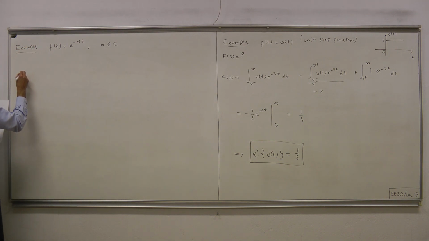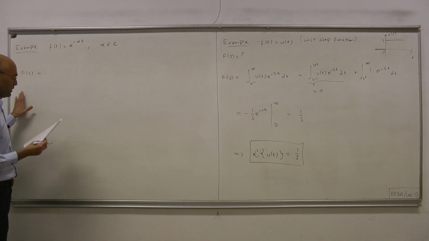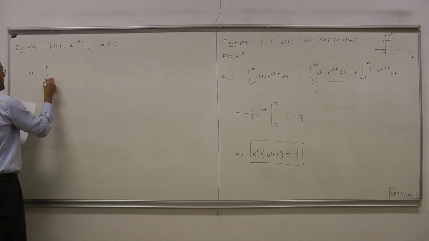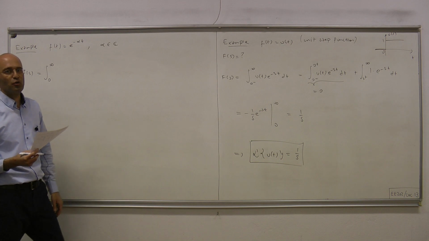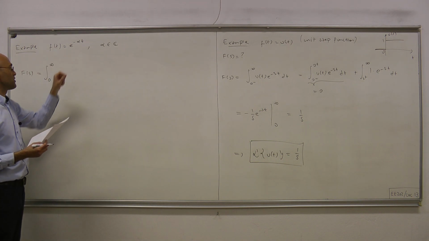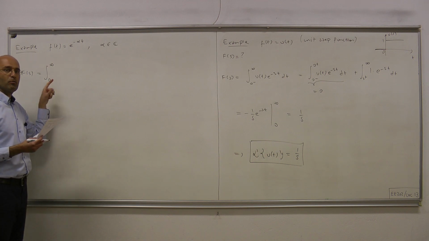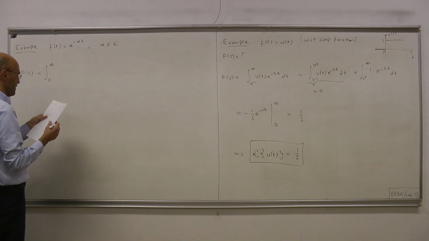Now again, let's apply the definition, which is given through the integral. We integrate from 0 minus to infinity this guy times e to the minus st. Since this is a continuous function, we don't have to worry about the 0 minus, 0 plus thing, and we can simply put 0 here.